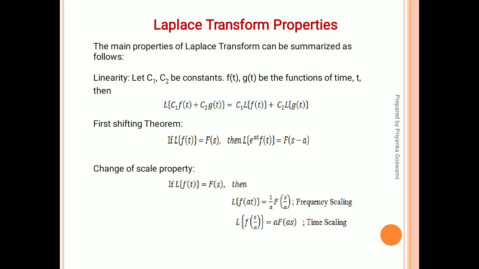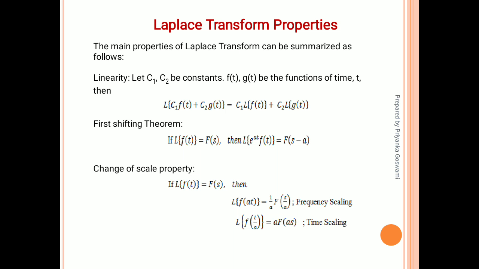Then, L[C1 f(t) + C2 g(t)] = C1 L[f(t)] + C2 L[g(t)], because C1 and C2 are constants. Now, first shifting theorem. If L[f(t)] = F(s), then L[e^(at) f(t)] = F(s - a).